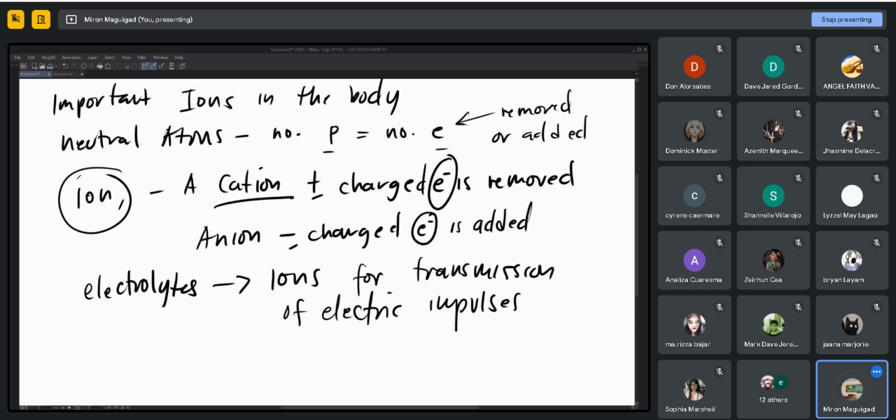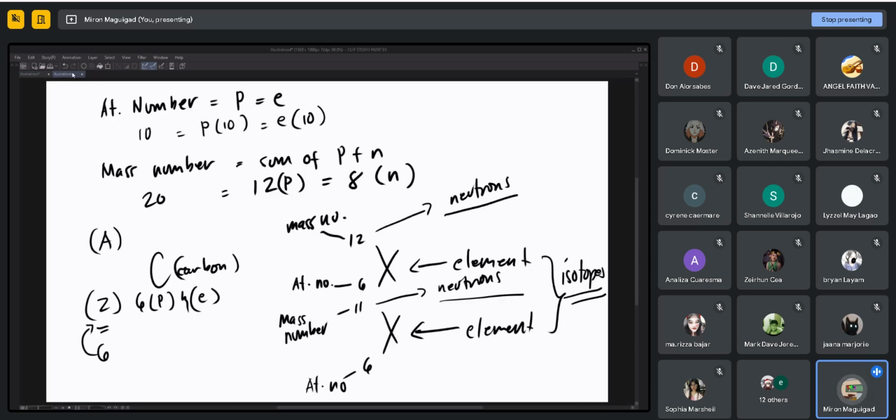Okay, magbigay nga tayo ng halimbawa ng ions or types of ions. Halimbawa lang tayo. Saglit lang.